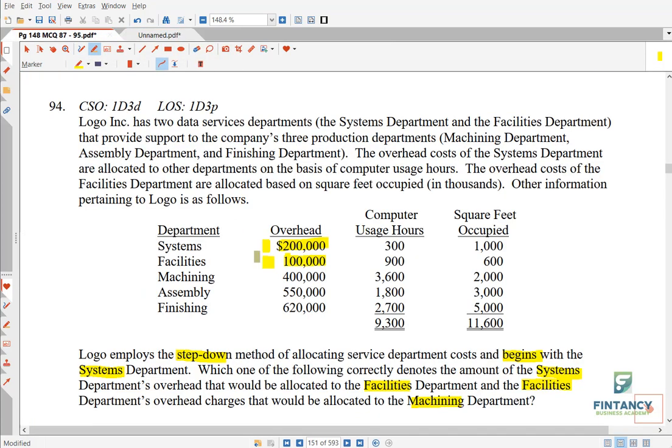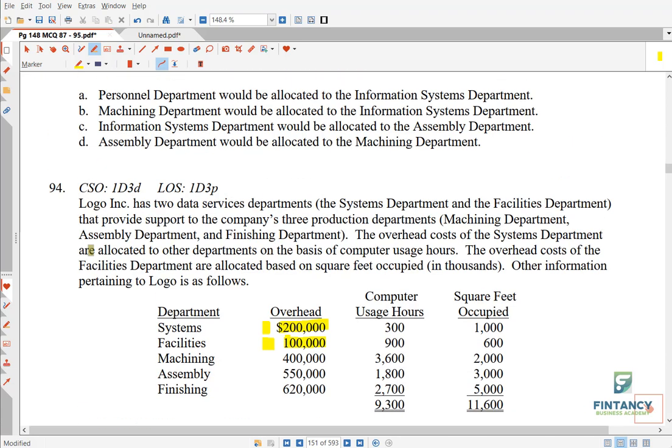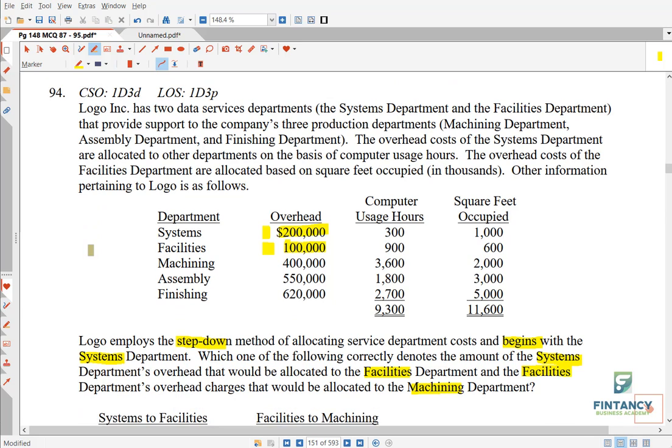My friends, they are not giving you percentages here. We have to calculate the percentage, and it is calculated based on which method you are using. In the previous one, we ignored the inter-service department relationship, so the percentage will be different. But here the percentage will be different. Okay.